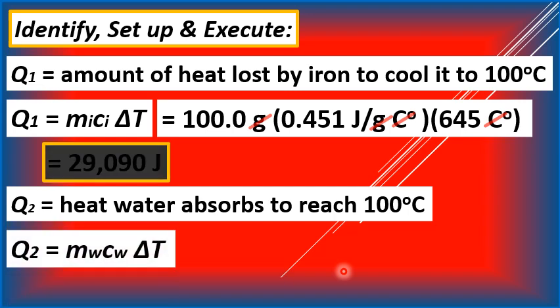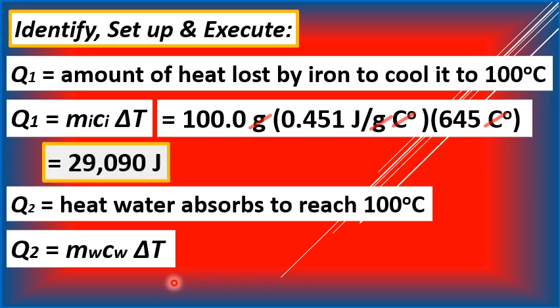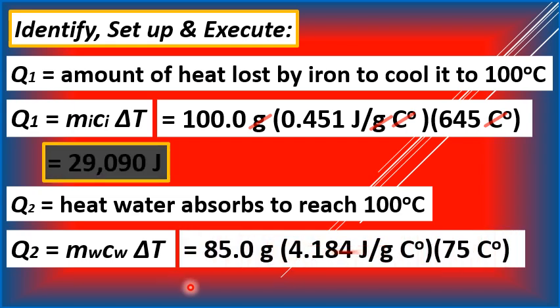And Q2 is also determined using the same formula, Q equals mc delta T. That is 85.0 grams times 4.184 joules per gram Celsius degree multiplied by the delta T of water, which is 100 degrees Celsius minus 25 degrees Celsius, which is 75 Celsius degree.